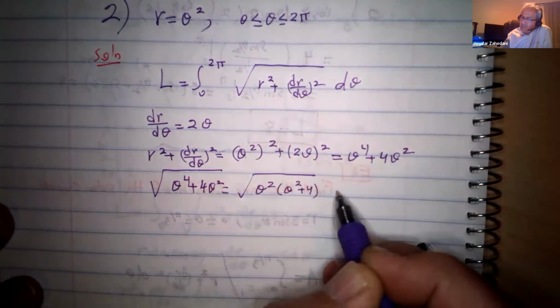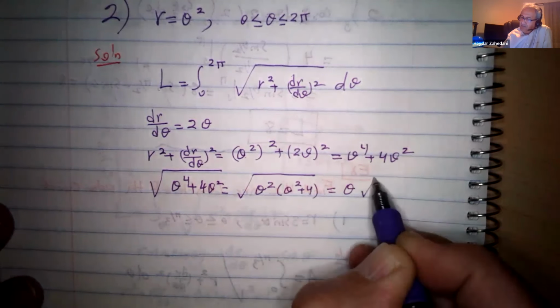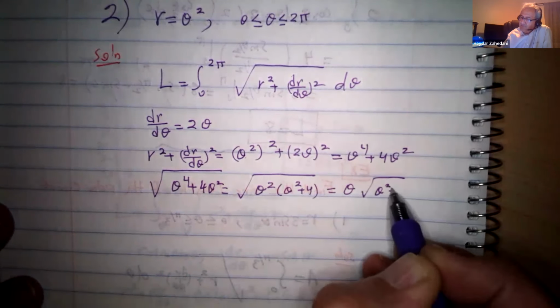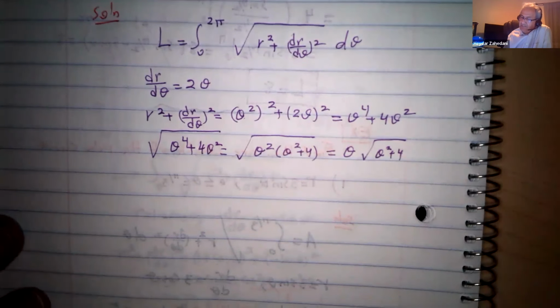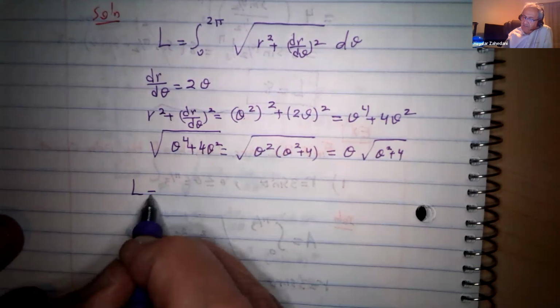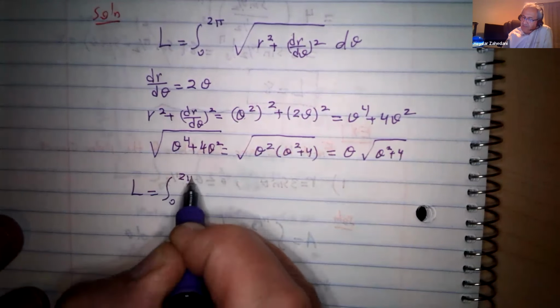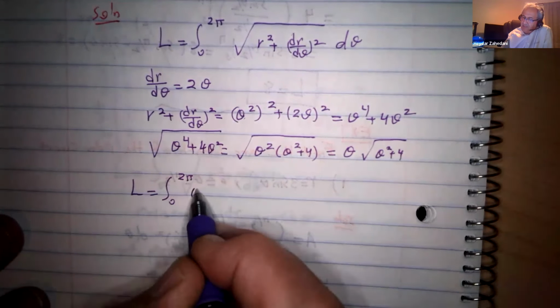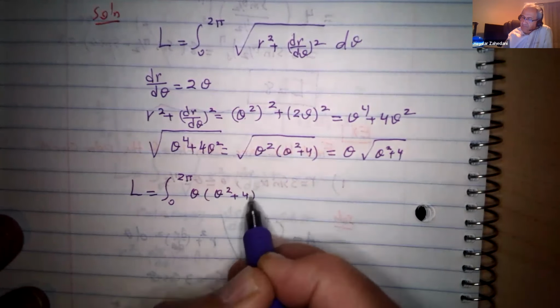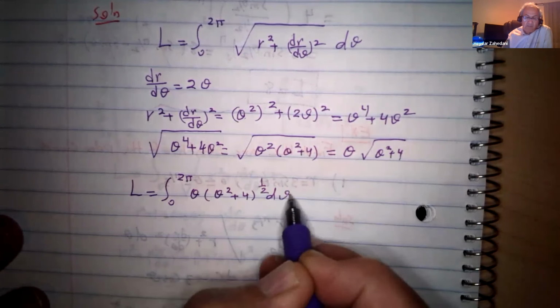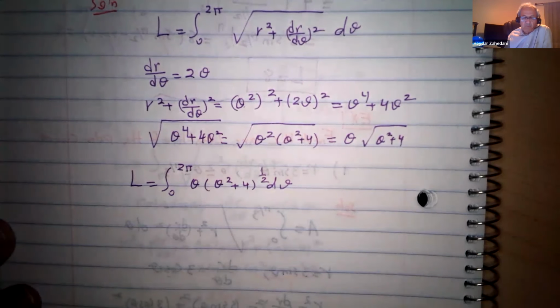Now we can take this one out: theta times the square root of theta squared plus 4. So that would be easier now to integrate. So go back. L would be 0 to 2 pi. That's it, theta. You change it because you want to integrate it.